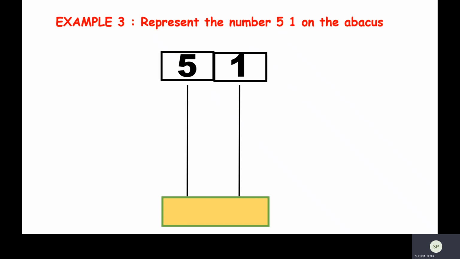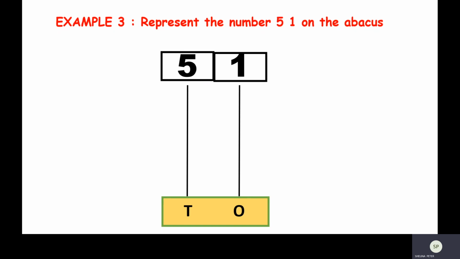And what is the next rule? Yes, you will represent the place value. So 1 is at 1's place and 5 is at 10's place. There is no hundreds place because it's a 2-digit number. And what is the final step now? We will represent using the beads.